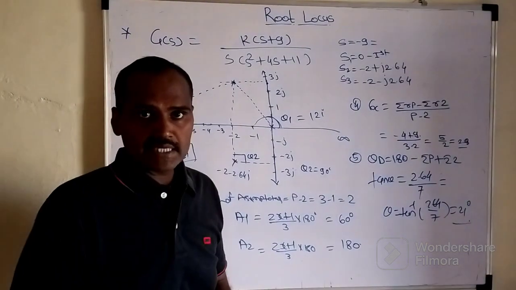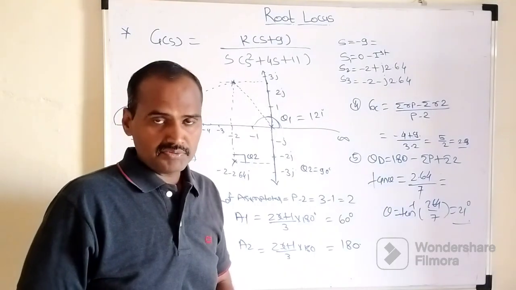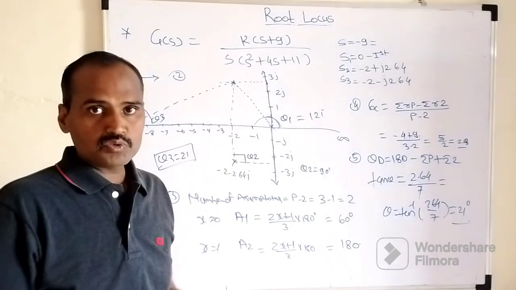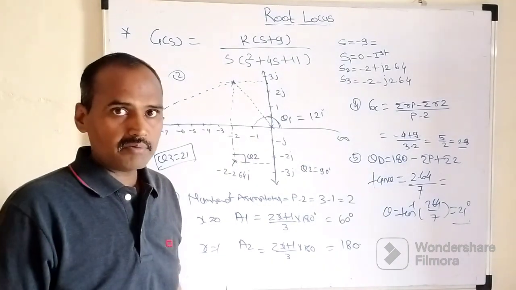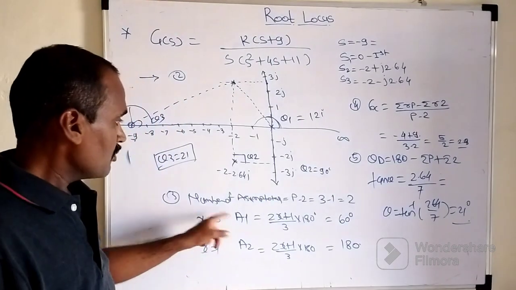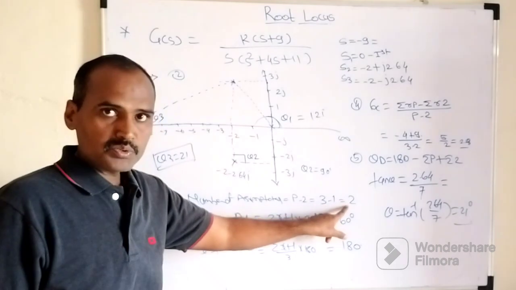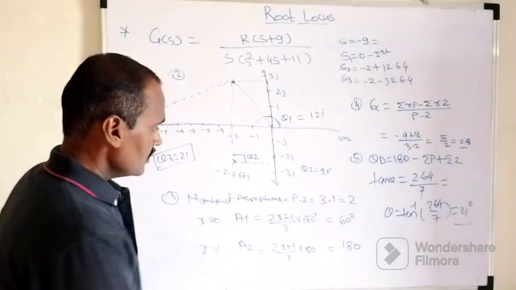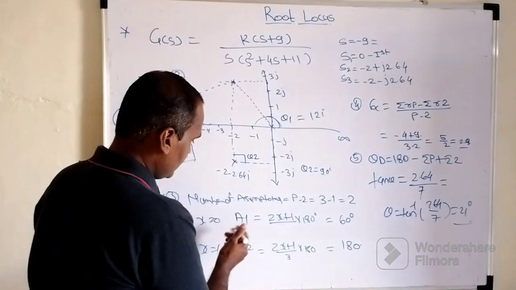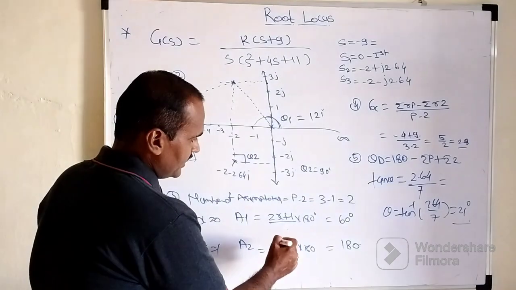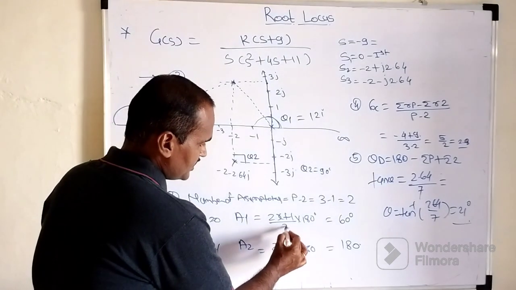Before proceeding to the next step, one small correction which we need to make here. The number of asymptotes and angle of asymptotes, which was already tabulated. In that step, number of asymptotes equals P minus Z, 3 minus 1, it is 2. So angle of asymptotes equals (2x plus 1) into 180 degrees divided by number of poles minus zeros.